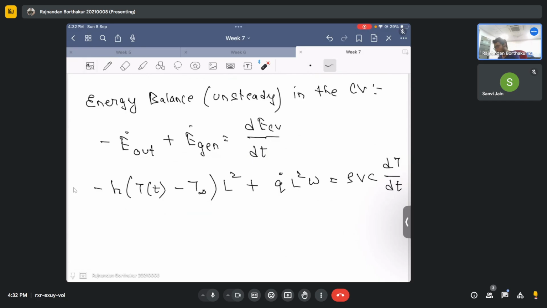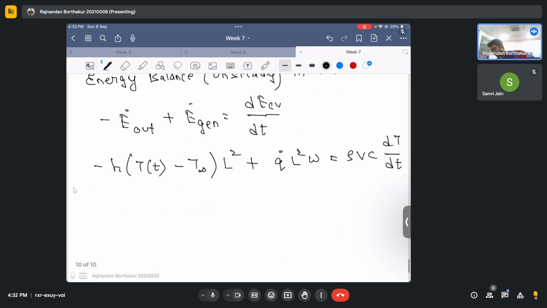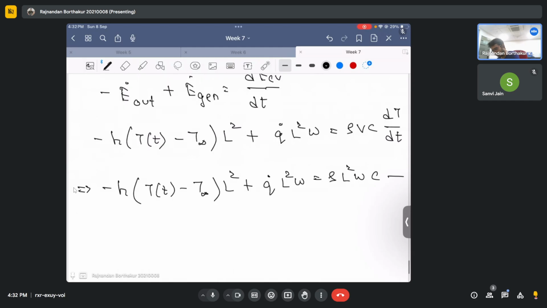If I simplify this, it will be h times T, which is now a function of time, minus T infinity, into L square, plus q dot L square W, equal to rho times volume, and your volume is basically L square W, times C times dT by dt. So your L square gets cancelled.